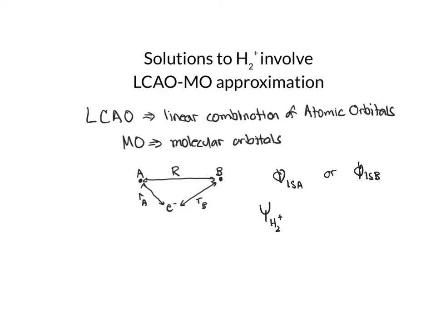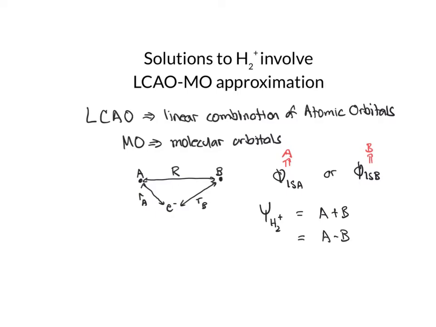I'm going to call this one A, and this one just B, so that it's easier to write this notation. So this could either be the linear combination where we add the two wave functions, or the linear combination where we subtract the two wave functions.